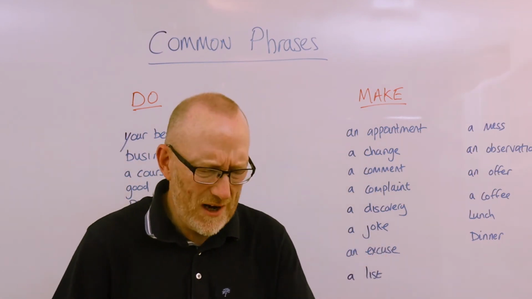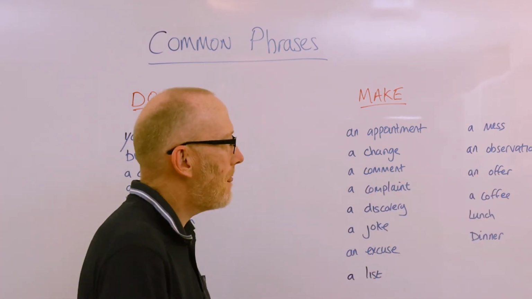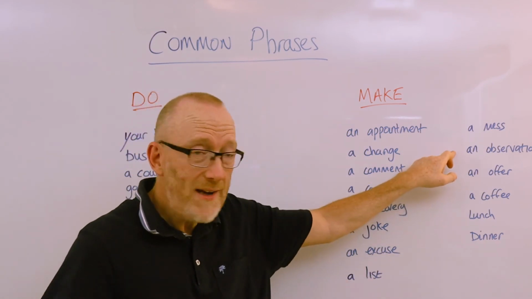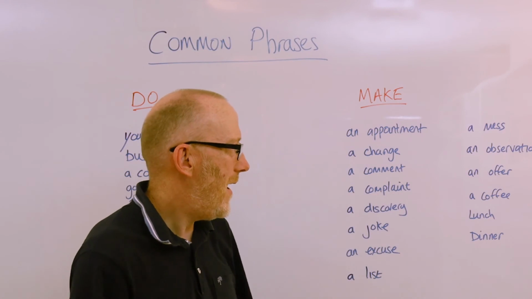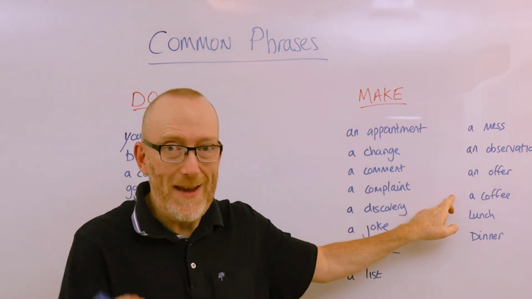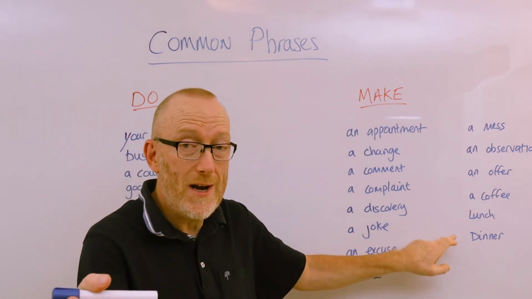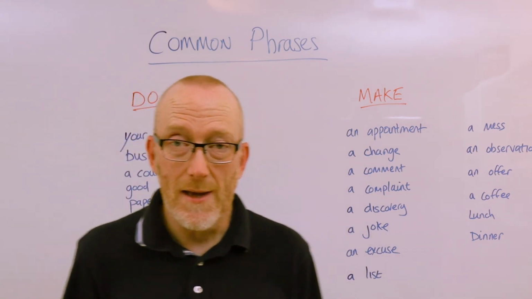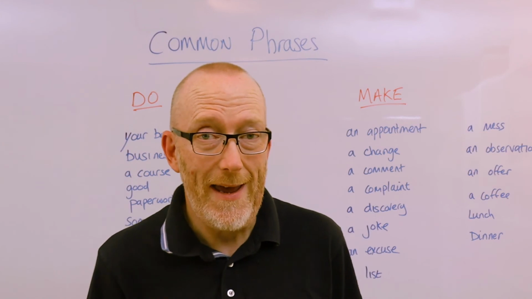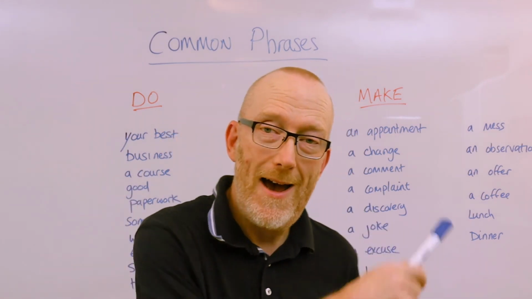Leave a room untidy with lots of things where they shouldn't be. Make an observation. I want to make you an offer. I'd love to make you a coffee. Can I make you lunch or can I make you dinner?